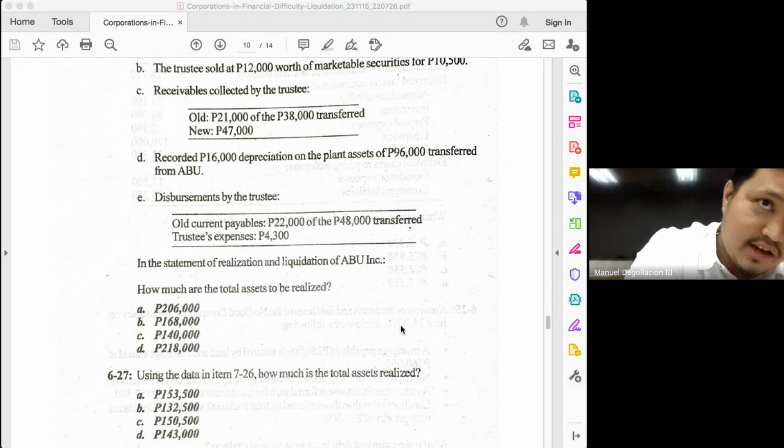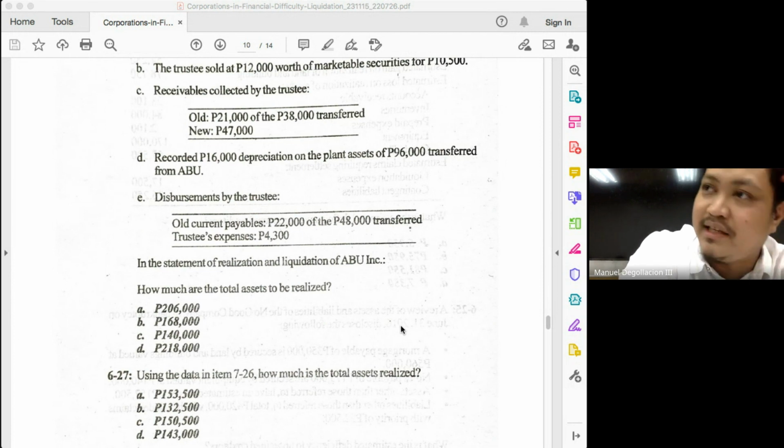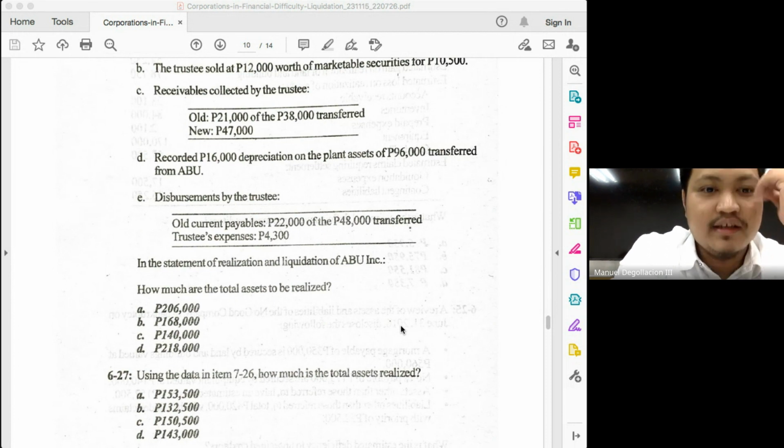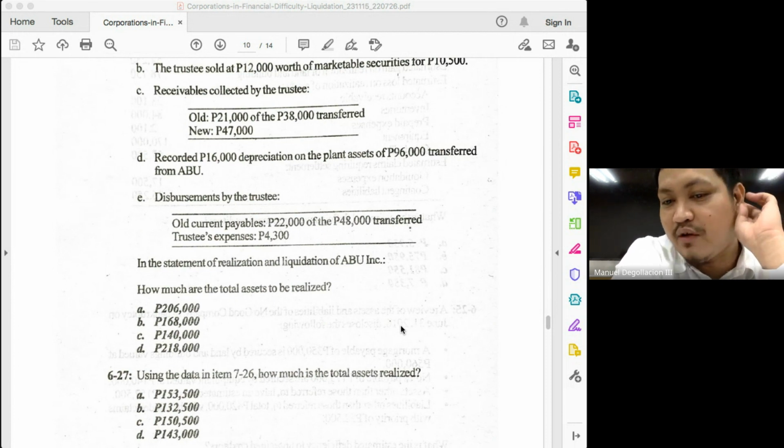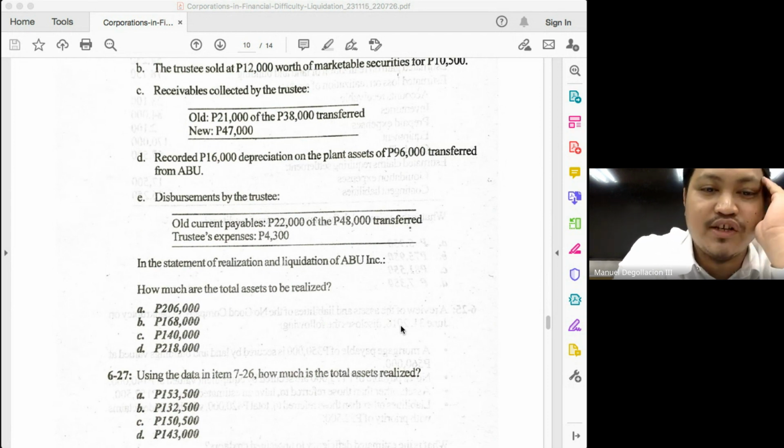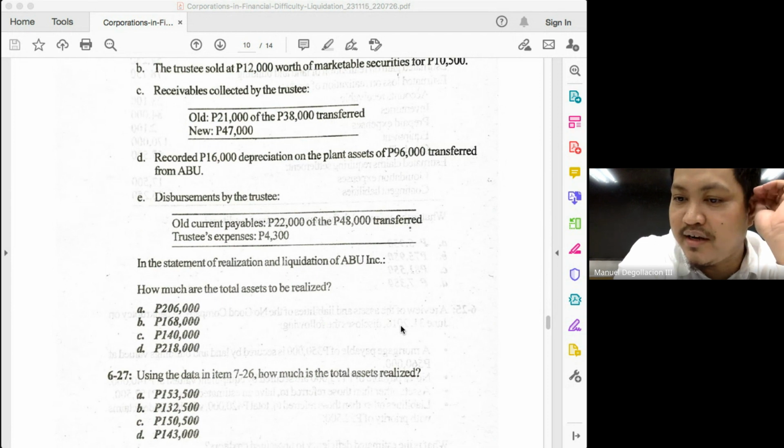Will that result in a gain or loss? Payment of existing liabilities? The answer is no. But we paid something else for the trustees' expenses. Will that affect our computation of net gain or loss? Yes. Okay, so that would be additional loss in the amount of 4,300.